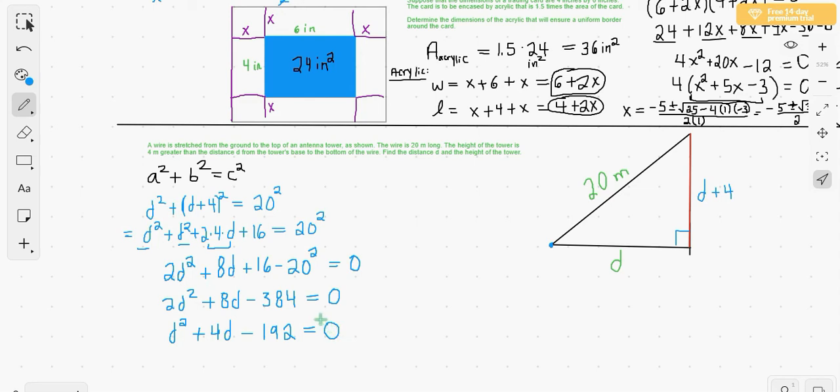Nice. All right. So now the question is, what are the factors of negative 192 that are going to add to give us positive 4?